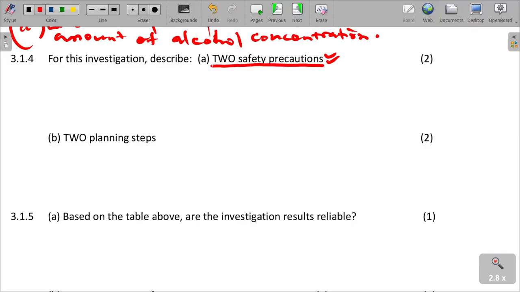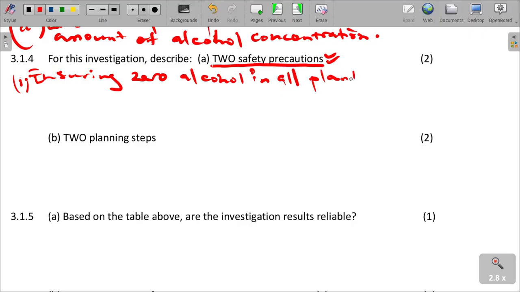Safety precautions in terms of this: one, ensure that all participants started the investigation with no alcohol in their blood. Ensuring zero alcohol in all participants' blood.